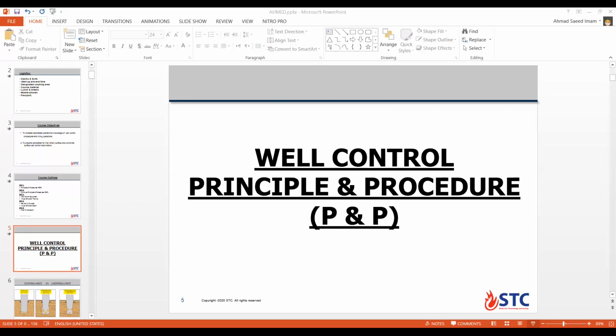Let me check. Do you now see my shared screen on overbalance versus underbalance in full screen? No, I'm seeing well control principle and procedure.